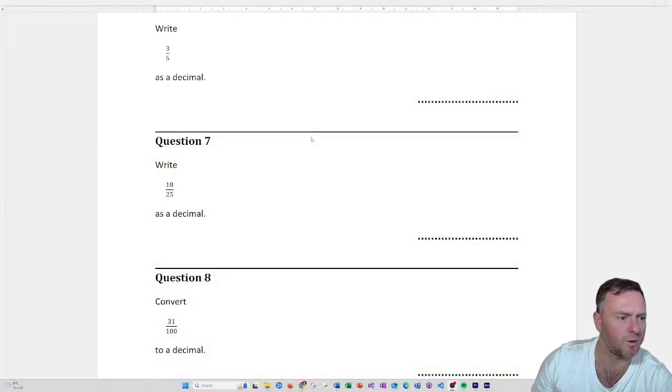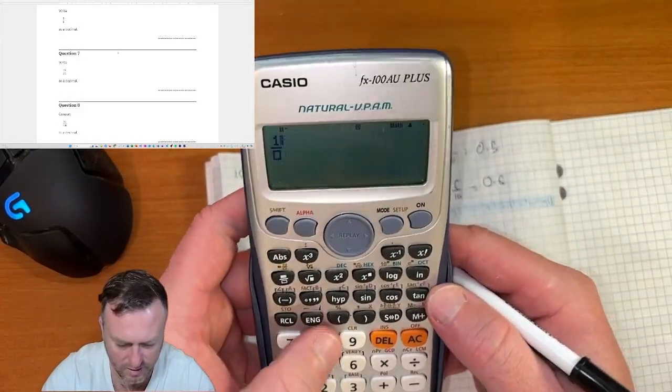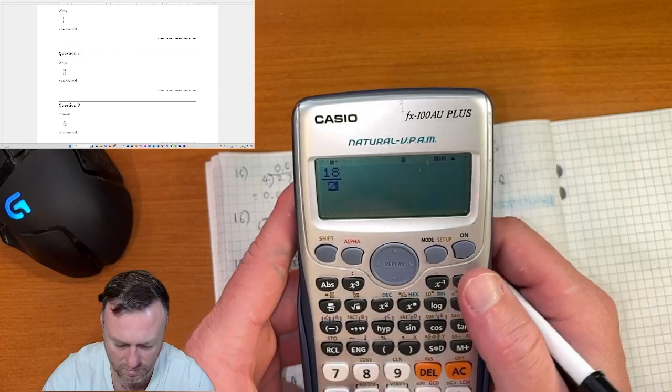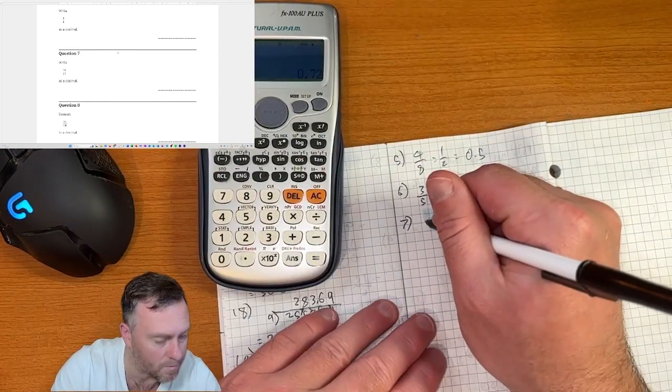Question 7, so we've got 18 over 25 as a decimal. So 18 over 25, S to D, 0.72.